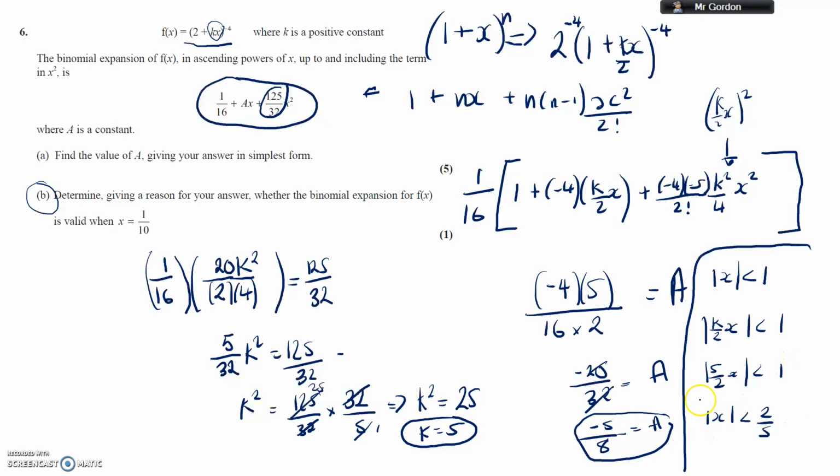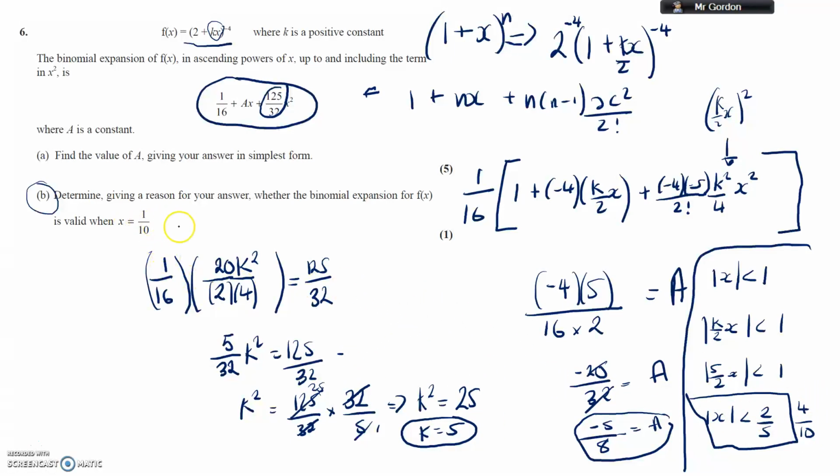So this is our valid range, and it may be easier to think about this as something over 10. So this is 4/10, right? So as long as the value is less than 4/10 or greater than minus 4/10 because of the modulus sign, then it will be valid. So is 1/10 less than 4/10?